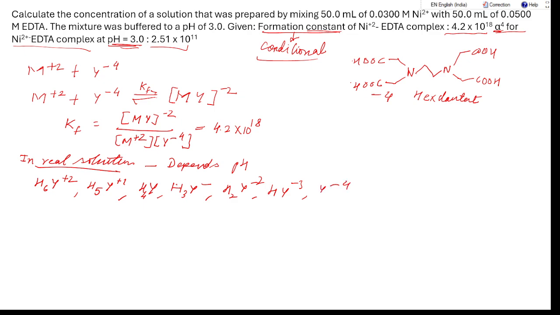So these are the different types of species it can form based on pH.